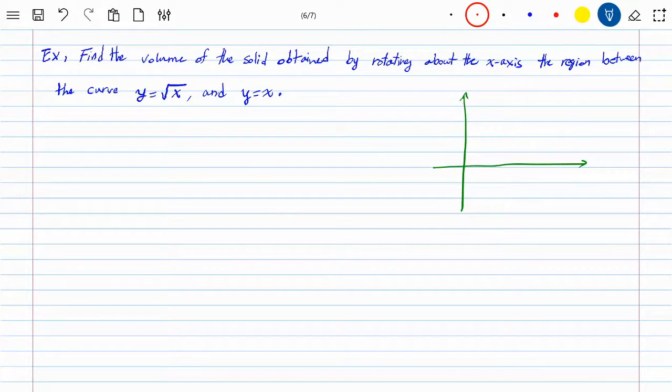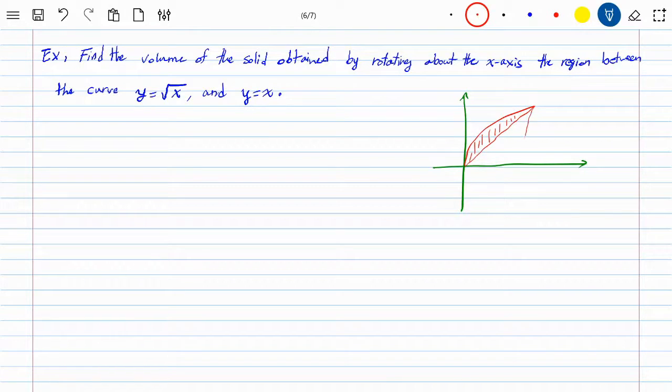One is square root of x. The other one is y equal to x. And they create this area between. If you continue square root of x or y equal to x, there wouldn't be any region between these two anymore. So this is the only region bounded between these two functions.